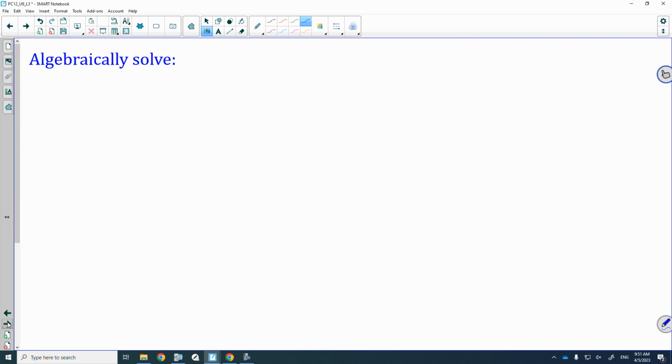Okay, so let's algebraically solve this. So first what I want you to do is I want you to write the cosine of x is equal to negative root 3 over 2. And then I want you to write the cosine of 2x is equal to negative root 3 over 2.